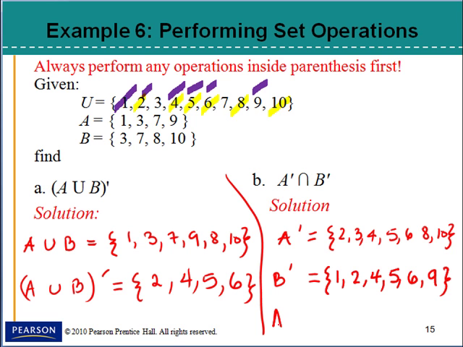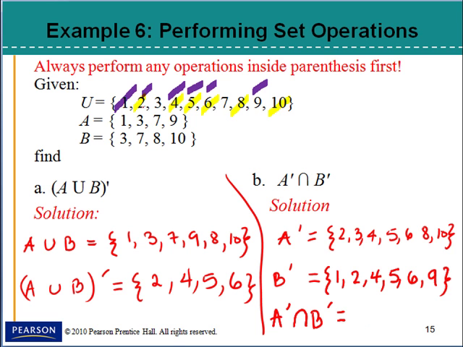So now we're looking for A complement intersection with B complement, the elements that belong to both sets. You see I marked the yellow highlight and the purple highlight. The yellow highlight is all the elements belonging to A complement, and the purple one is B complement.